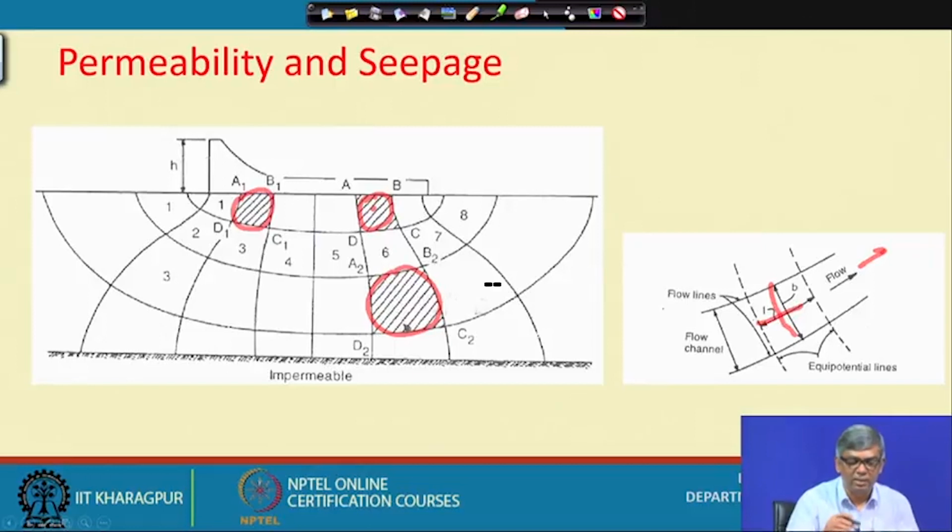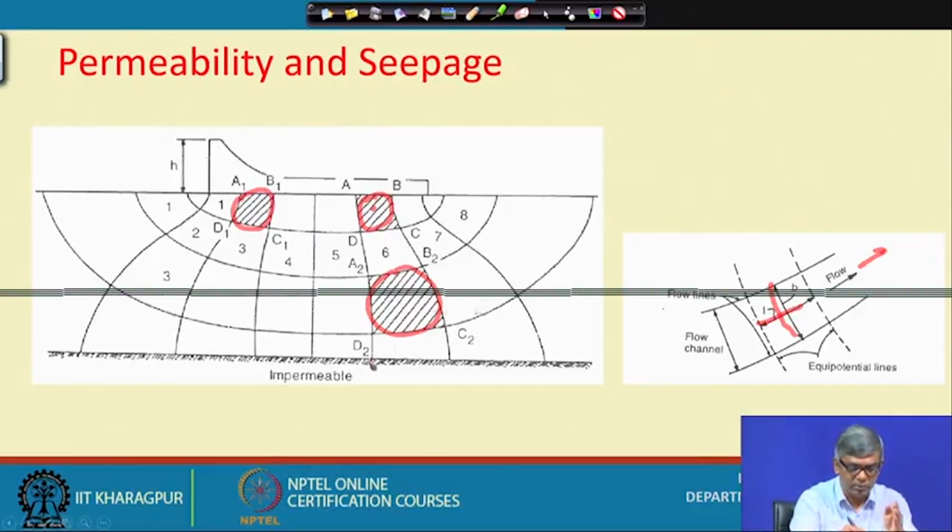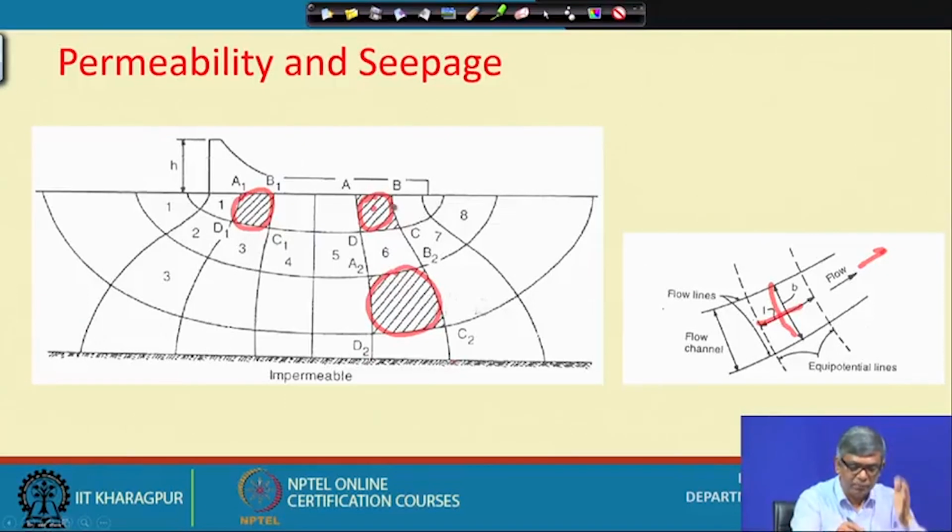They are within the same equipotential lines. This block is between two equipotential lines, and similarly this block is also between the same equipotential lines. If I compare this with this, and this with this, we will be able to reach some conclusion, and that conclusion helps us derive the flow quantity.